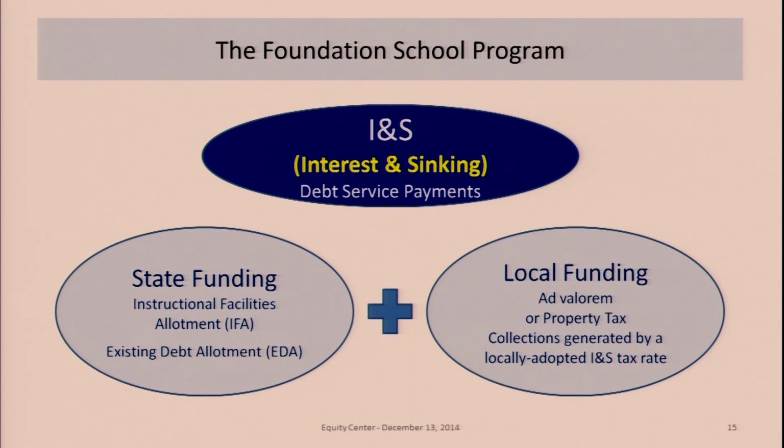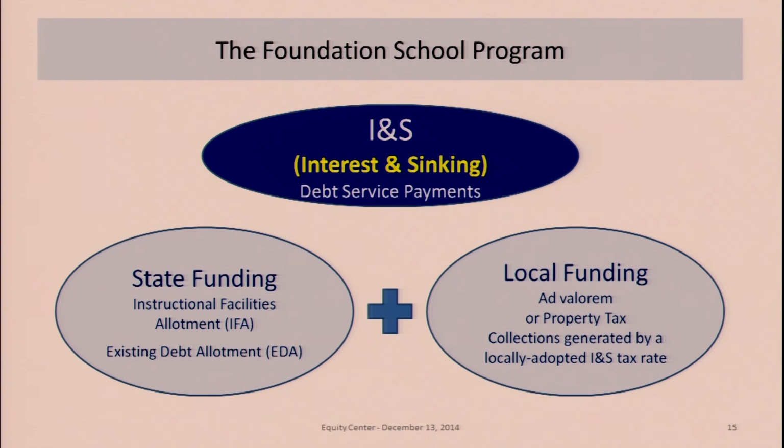The local funding for all districts, whether you're poor or property wealthy, is an ad valorem tax, the I&S tax rate, and those collections that come out of that for low-wealth districts are what generates the state funding, which is the state share of that.